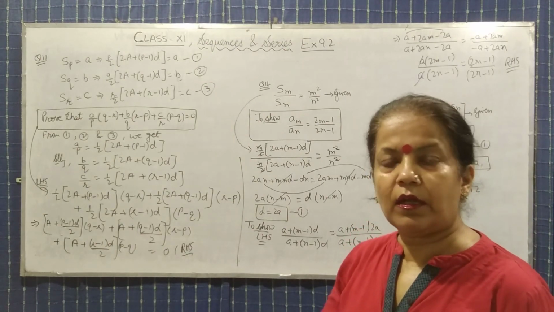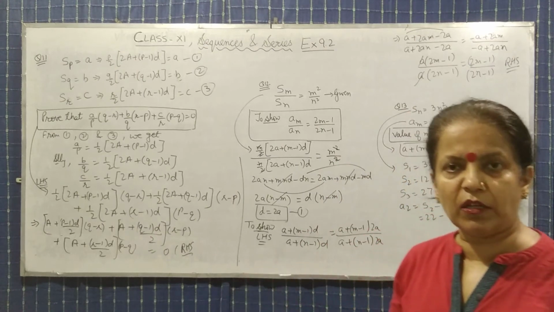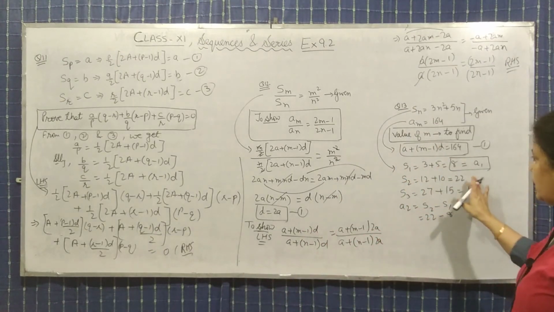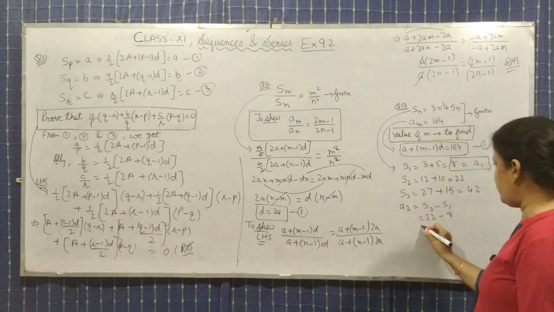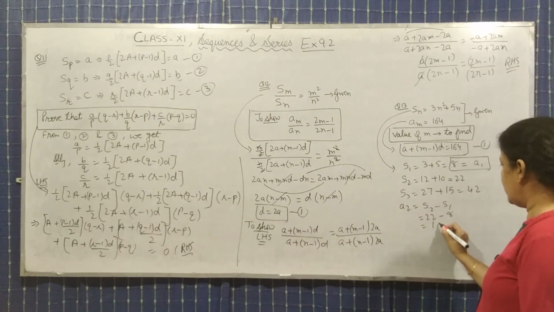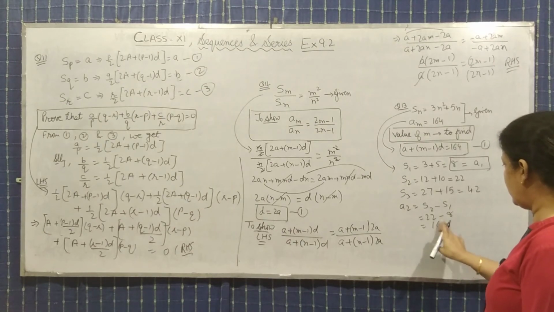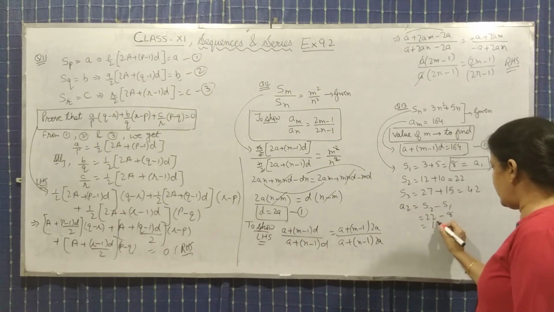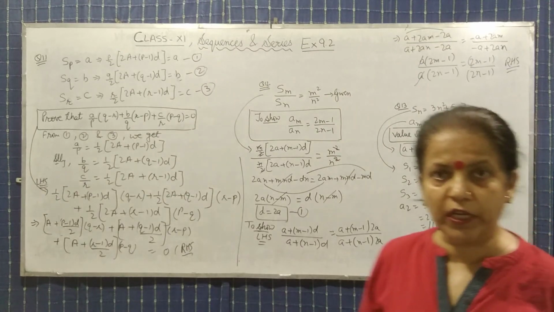A2 is S2 minus S1, or you can take S3 minus S1, S3 minus S2 also. So it will come as 14. You will get A2 as 14.